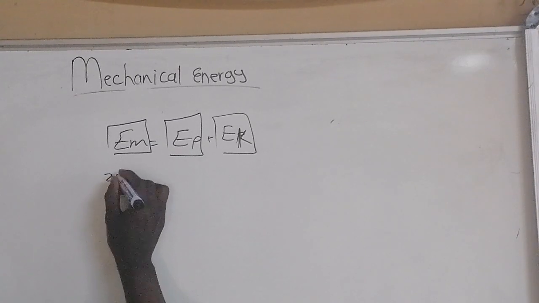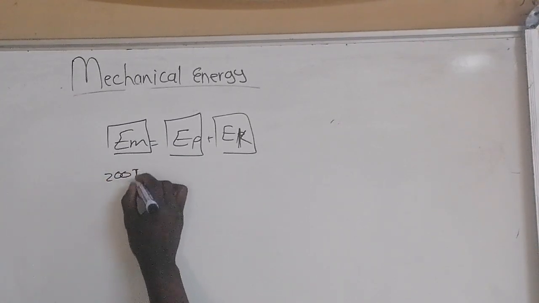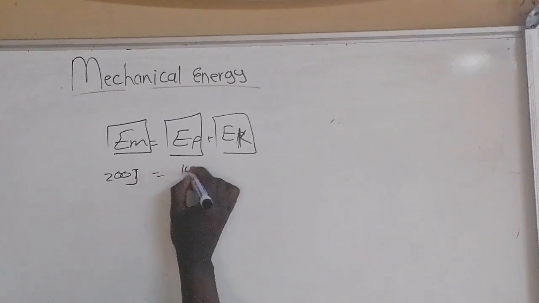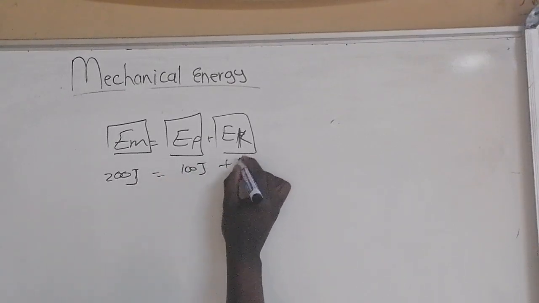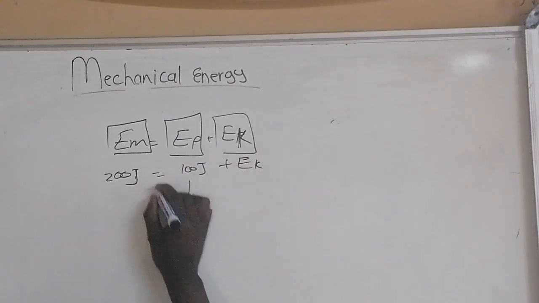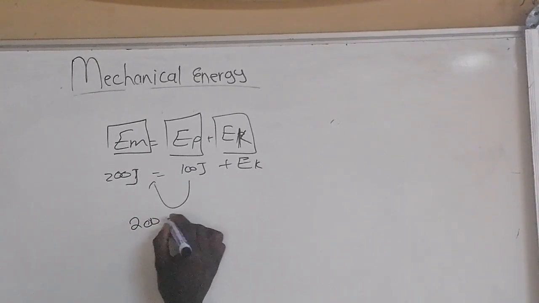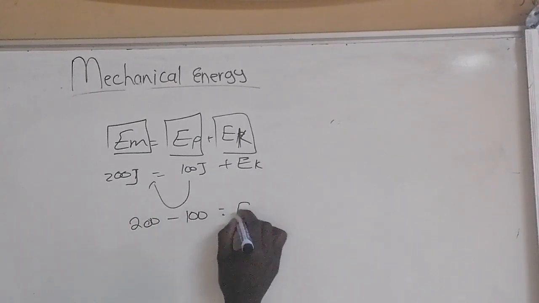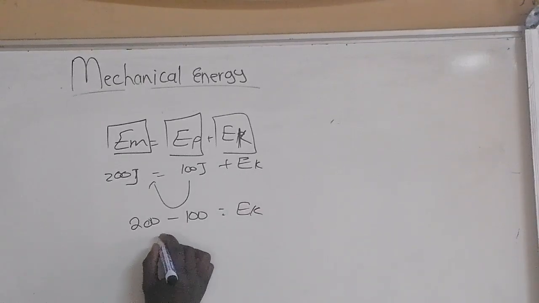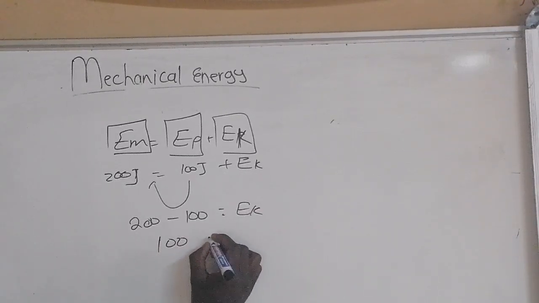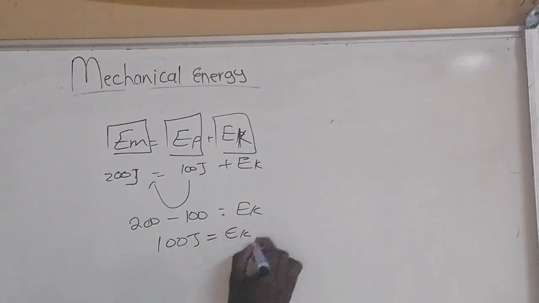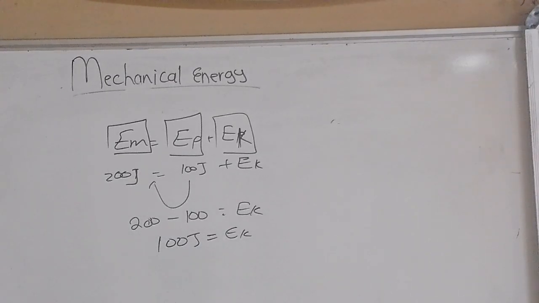If you have EM as 200 joules and EP as 100 joules, and they want you to calculate for EK, transpose that: on the left you have 200 joules minus 100 joules equals EK. Then you'll have EK as 100 joules. As easy as that. But it's very, very important for you to know this.